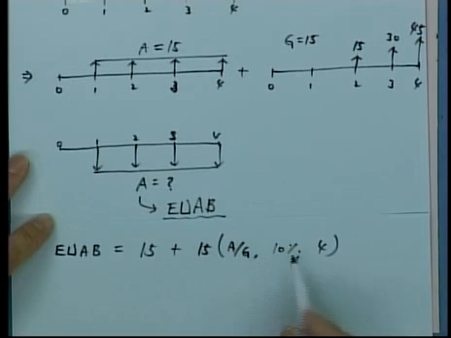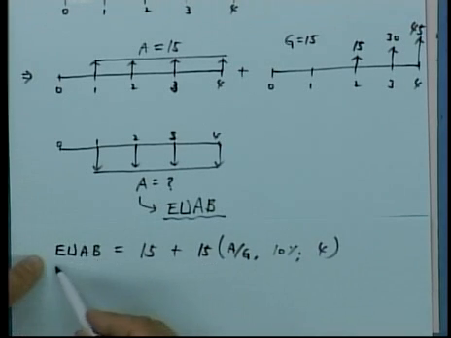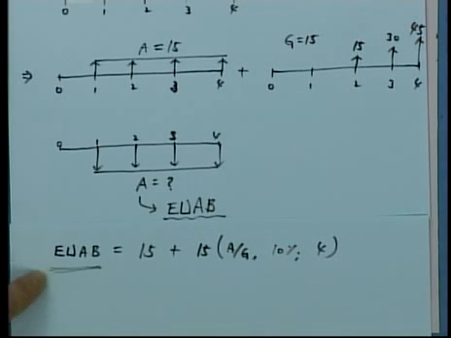So if you compute this value, then it will give you the equivalent uniform annual benefit, which would be the answer for problem number 6-1.